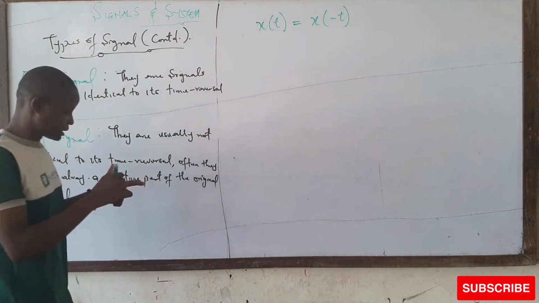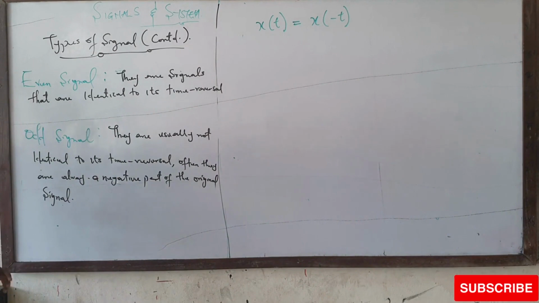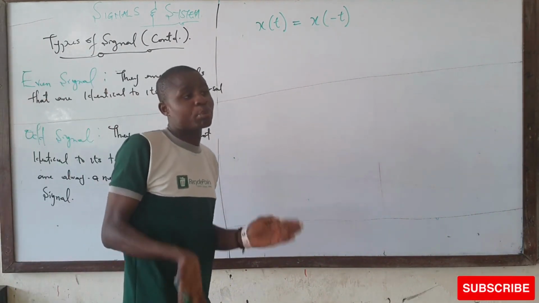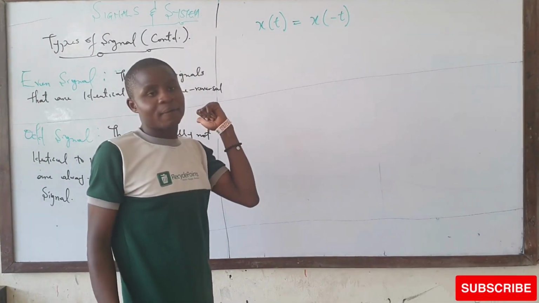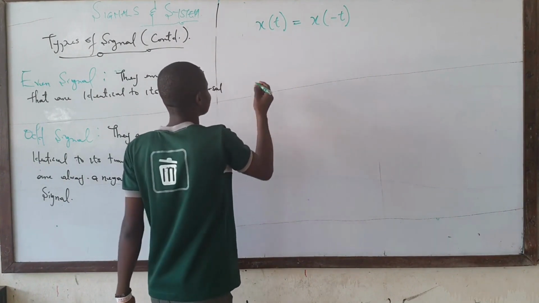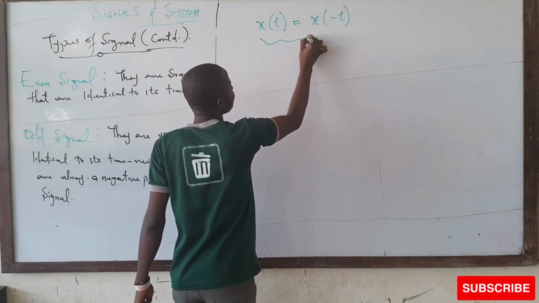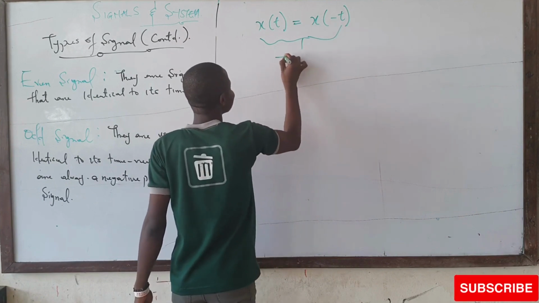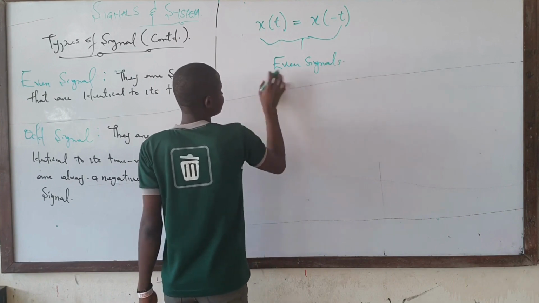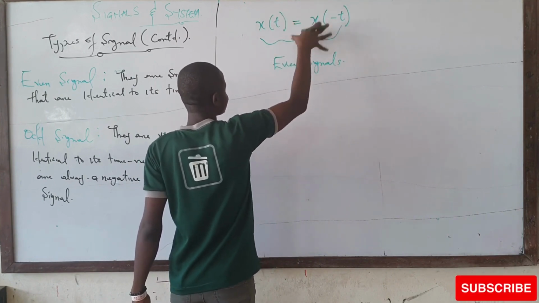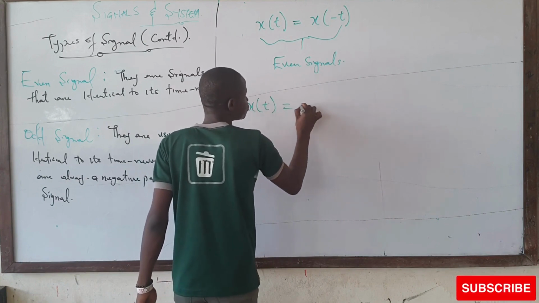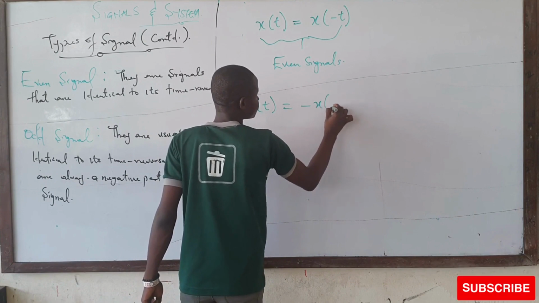Now, what is an odd signal? An odd signal is a signal that is not identical with its time reversal. Oftentimes, it is like the opposite of the original signal. Let me call the earlier equation the even signal. For an odd signal, what we have is x of t is equal to minus x of minus t.